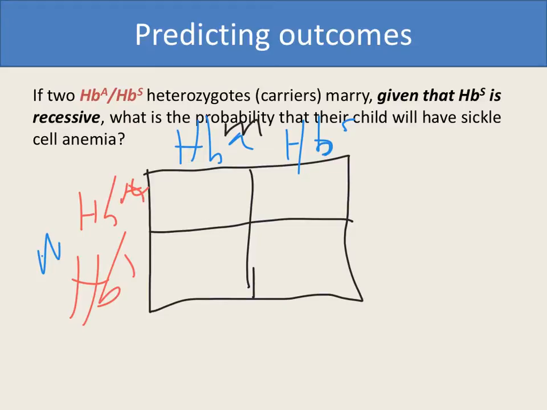Now, in the first square, we have an HBA, okay, and an HBA. So it's homozygous HBA. This is HBS over here, so we have HBA, HBS.